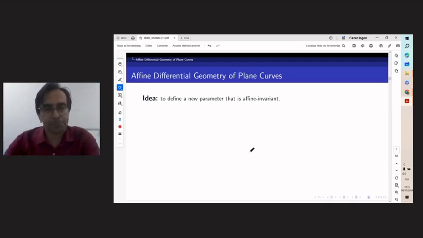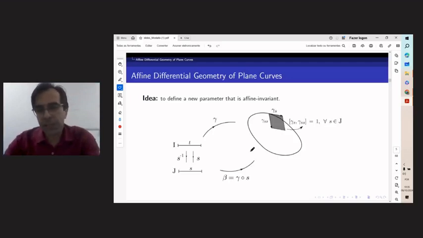Well, to do this, usually we use a parametrization called affine arc length parametrization for curves. A parametrization is called affine arc length if it satisfies this equality.